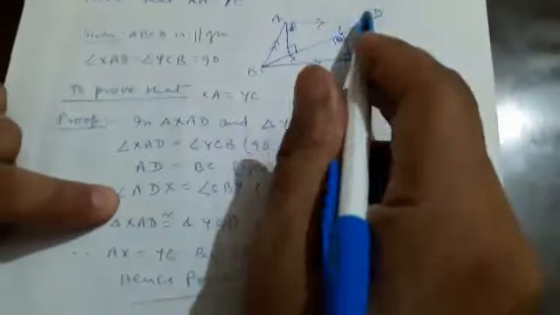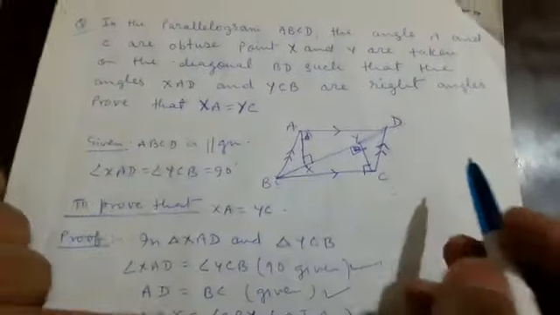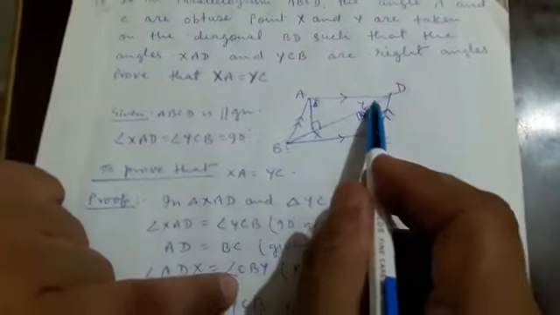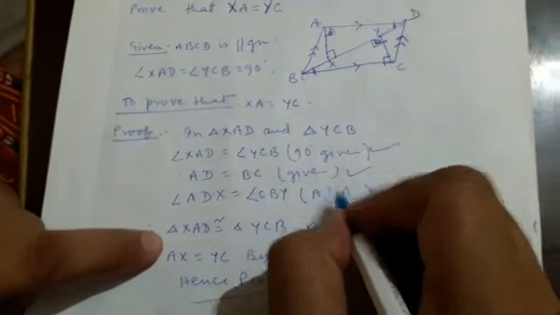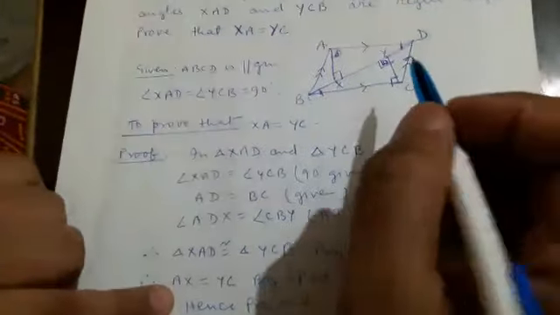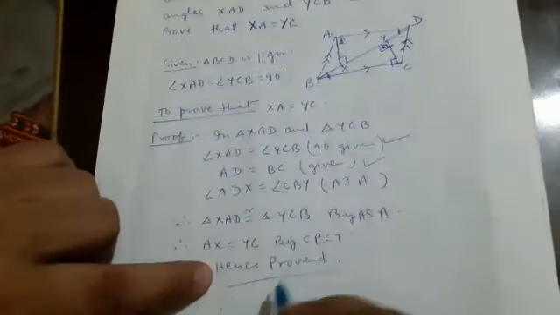And angle ADB, or ADX, is equal to angle CBY, as this angle and this angle are alternate interior angles. Therefore triangle XAD is congruent to triangle YCB by ASA. So AX is equal to YC by CPCT, hence proved.